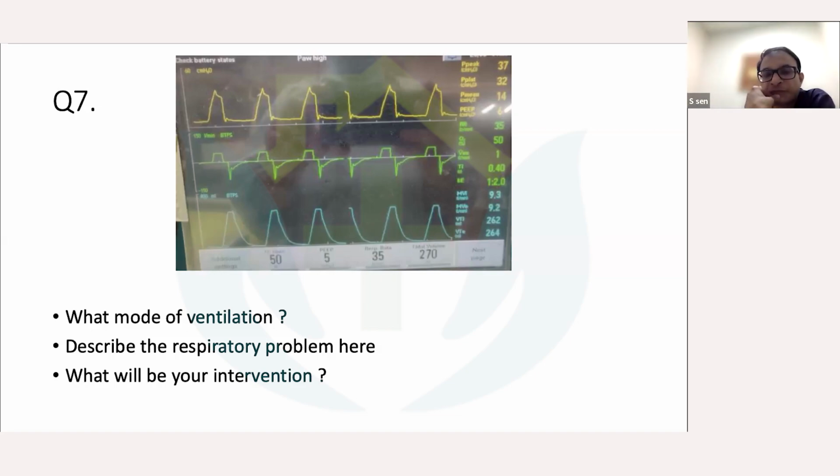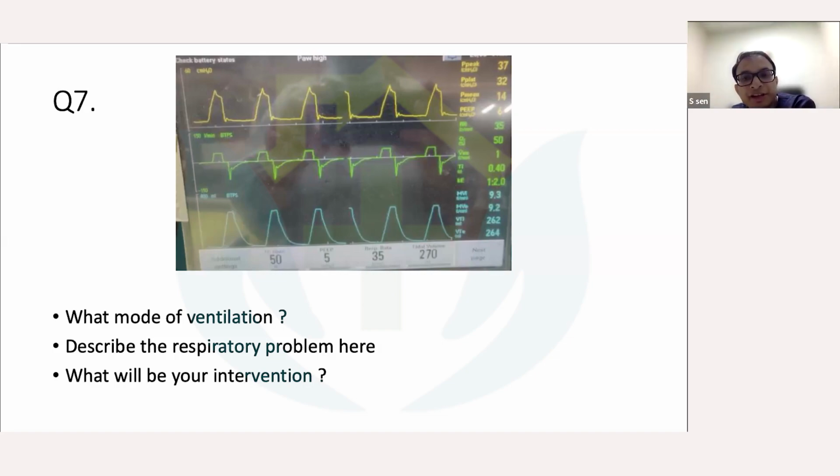Is that right? Yep. So, what will be your intervention in this patient? If this patient has restrictive lung disease, and maybe ARDS, I will decrease the respiratory rate for sure, and maybe even increase the PEEP.